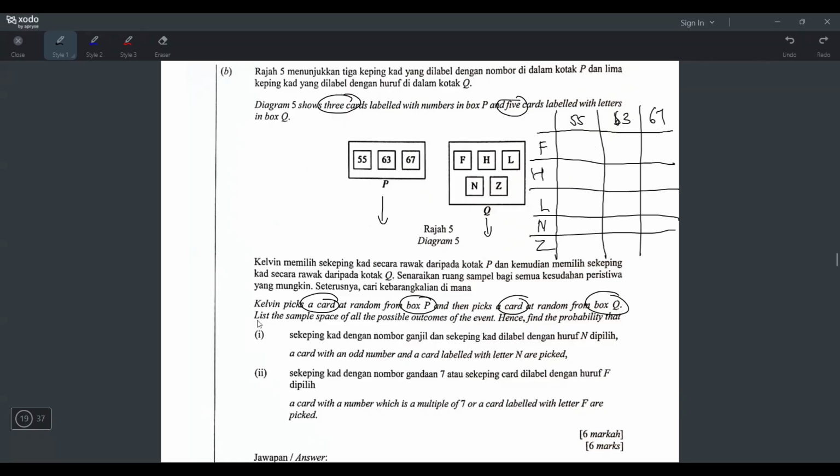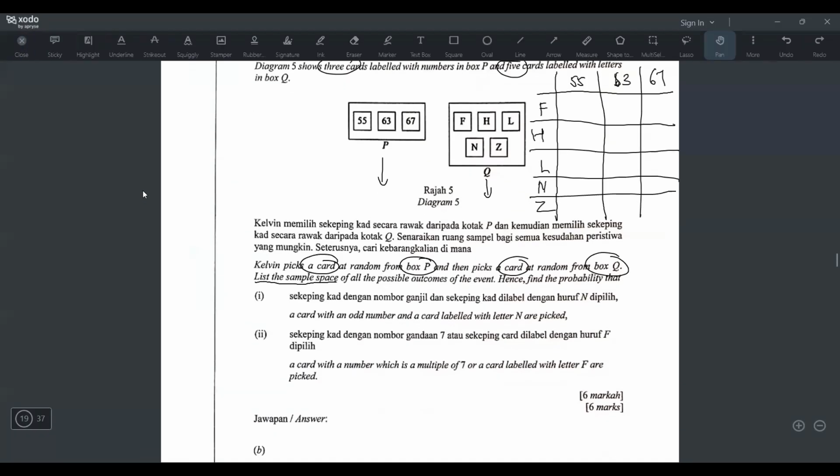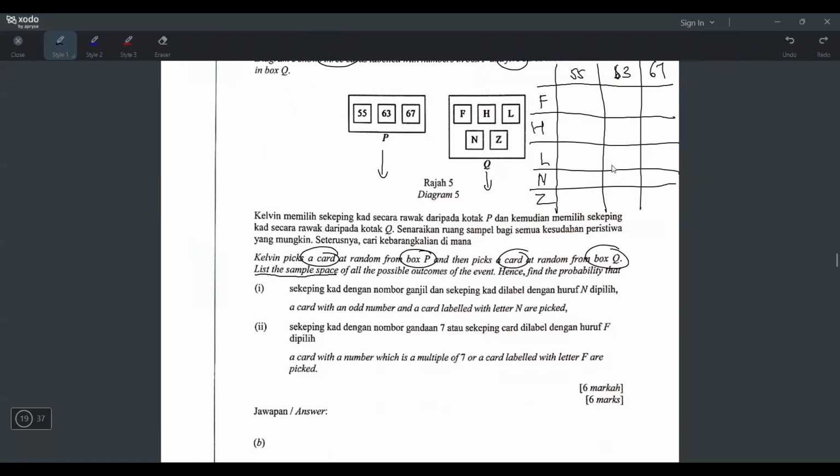But I think we need to list them down, because they say list the sample space. Sample space means you have to list down all the possibilities. So how do we list down? We open the curly bracket and start writing the 15 possibilities. The first one is 55F. Second one is 63F.